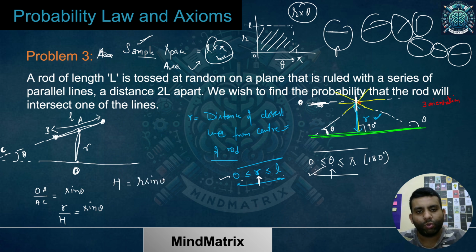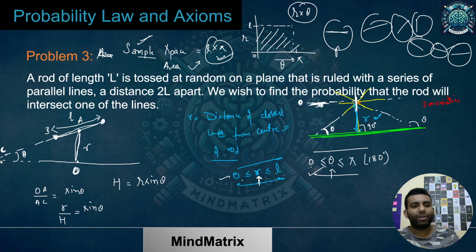Now just tell me what must be this length of hypotenuse to ensure that there is an intersection of this line.